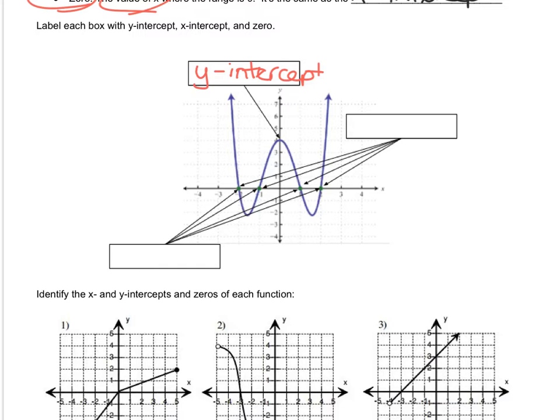Notice this graph crosses the x-axis here, crosses the x-axis again here, and then goes through it again. So we actually have 1, 2, 3, 4 x-intercepts. You can write x-intercepts down here, or you could write zeros up here, but these are interchangeable. They're synonyms, all right?